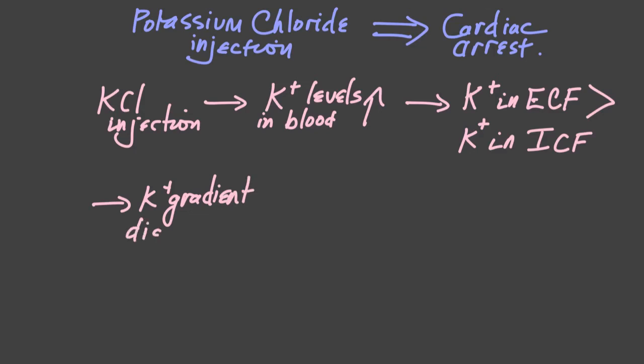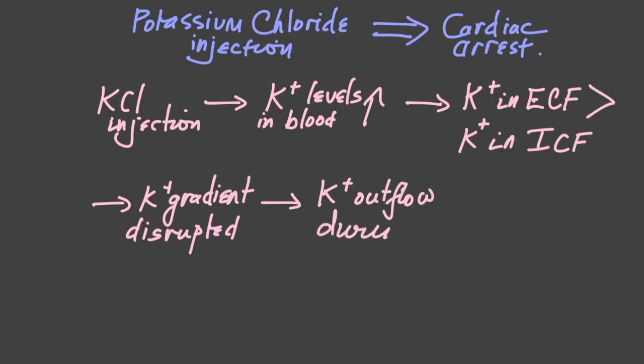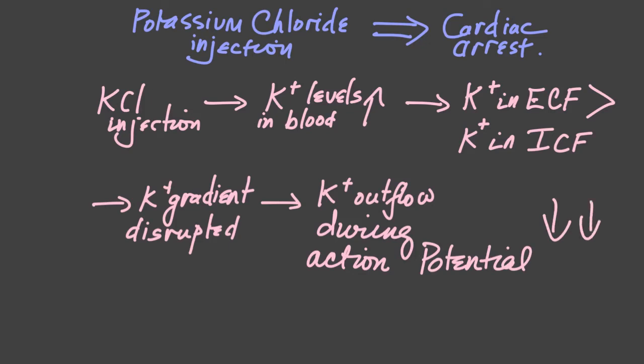Therefore, as a result of the potassium chloride injection, the potassium gradient is completely disrupted. So when the action potential happens and potassium channels open, there is no potassium outflow, or there is very little potassium outflow. If there is no potassium outflow, then there is no repolarization of the cardiac myocyte.